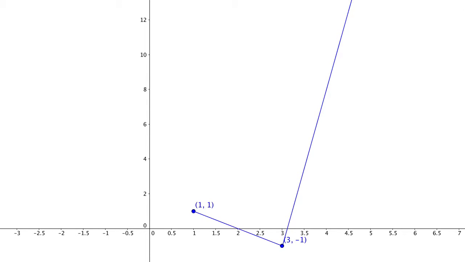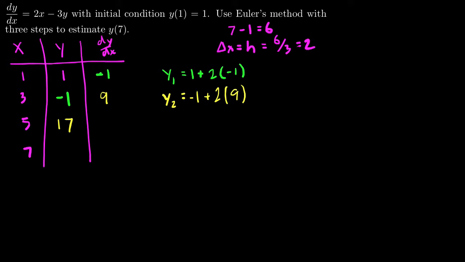And then I go through the same process, and I say, okay, 2x minus 3y, well, 2 times 5 is 10. 3 times 17 is 51. 10 minus 51 gives me negative 41.